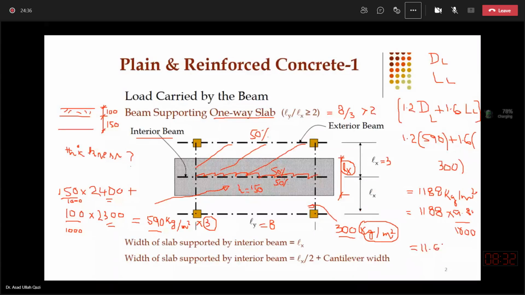Don't forget that this magnitude is a very commonly calculated magnitude on slabs, 11 to 12 kilonewton per meter square.